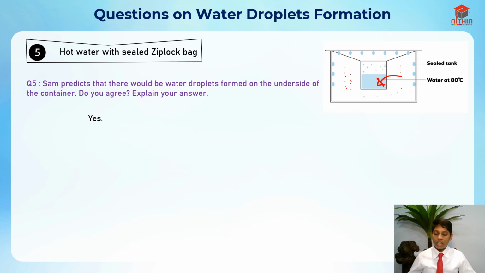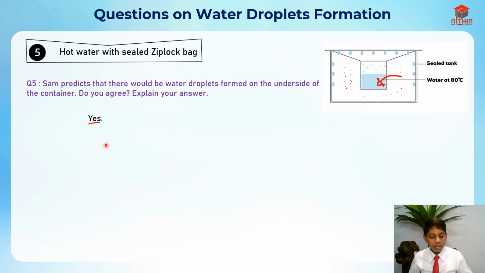Just like your tea, when you're drinking, even when you close it, you can still feel the warmth around the container, around the cup or the mug. You can still feel it. So that's why we can say yes as our answer.